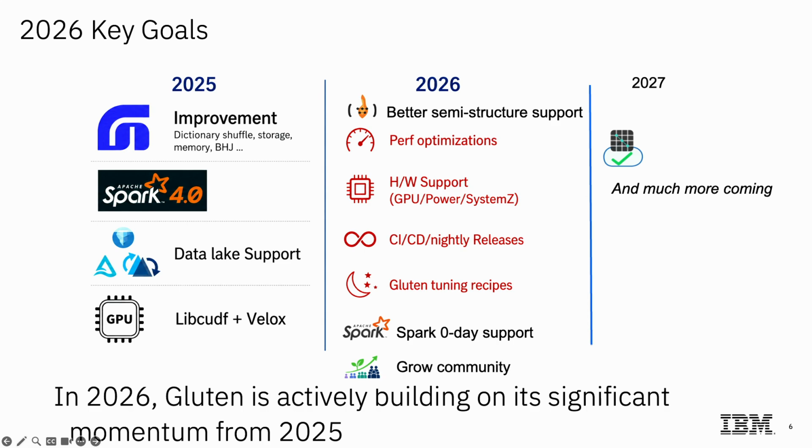And more than that, we are adding Spark 0-day support. We are trying to add the Spark main branch support in our Gluten repo. Basically, we have a nightly job that pulls the main branch code of Spark, and then we integrate it into Gluten. And of course, another big goal for us is to grow the community.